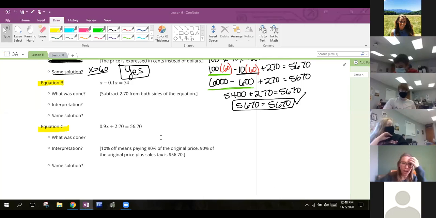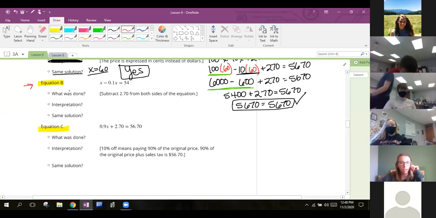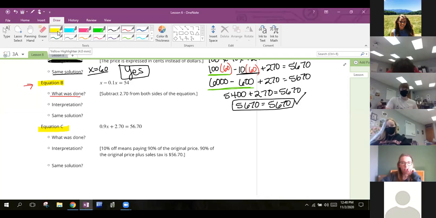So it says what was done. If you have equation B, what was done to the equation? Subtract 270 from both sides of the equation.